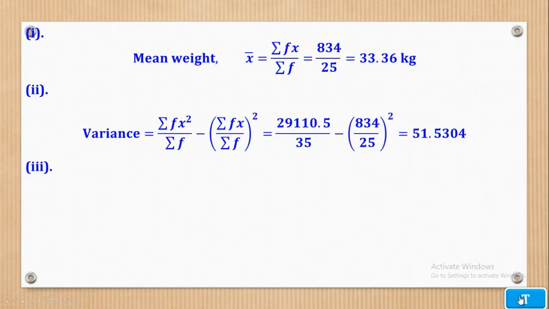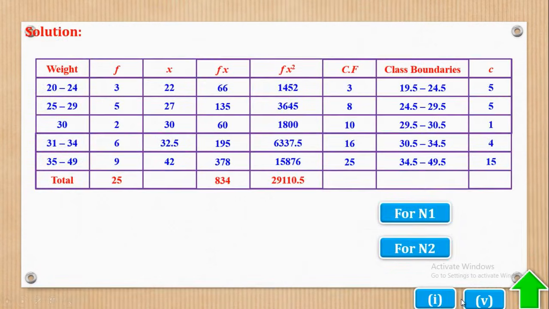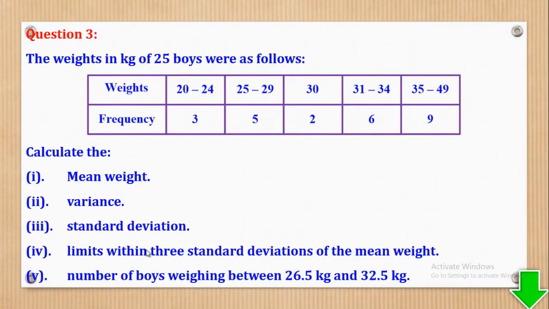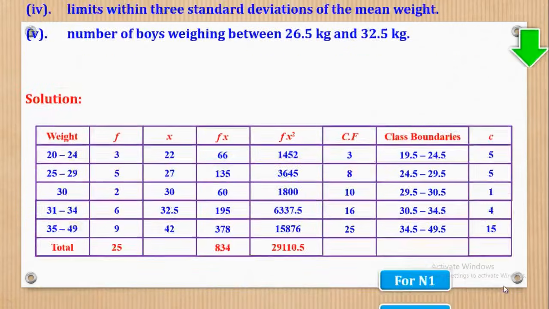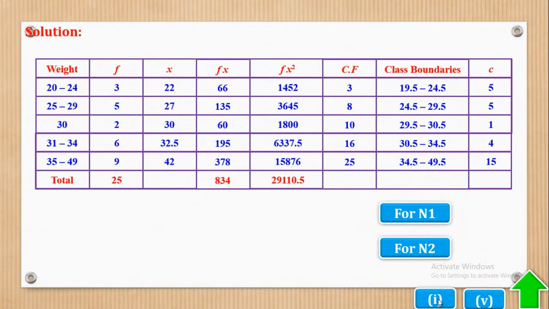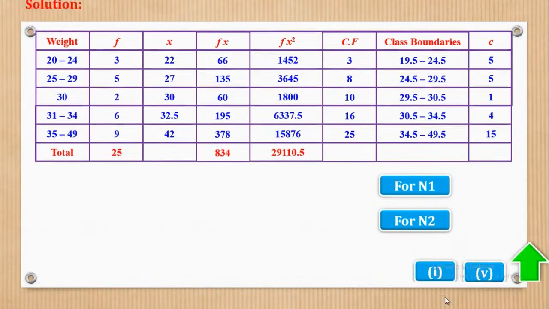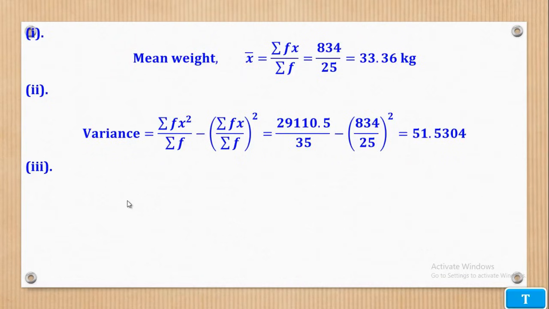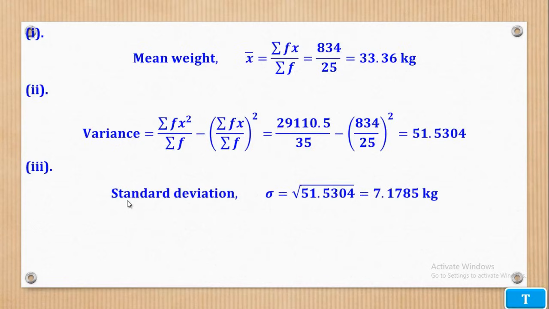Then Roman 3, they want a standard deviation. So standard deviation is the square root of variance, so it will be given by that.